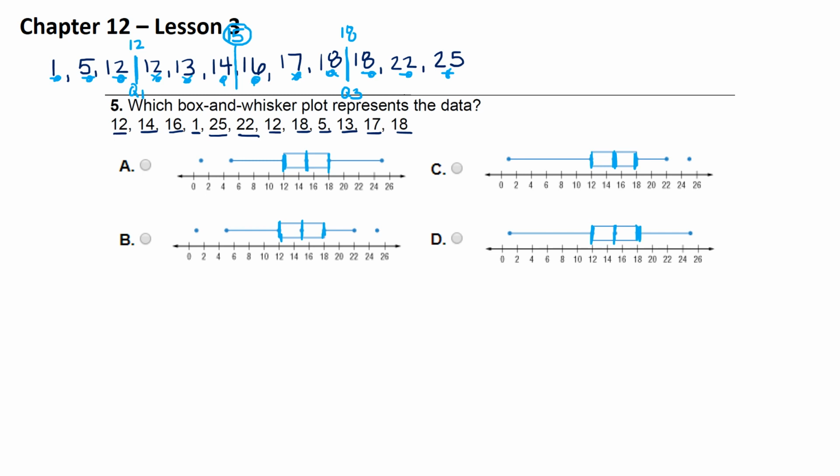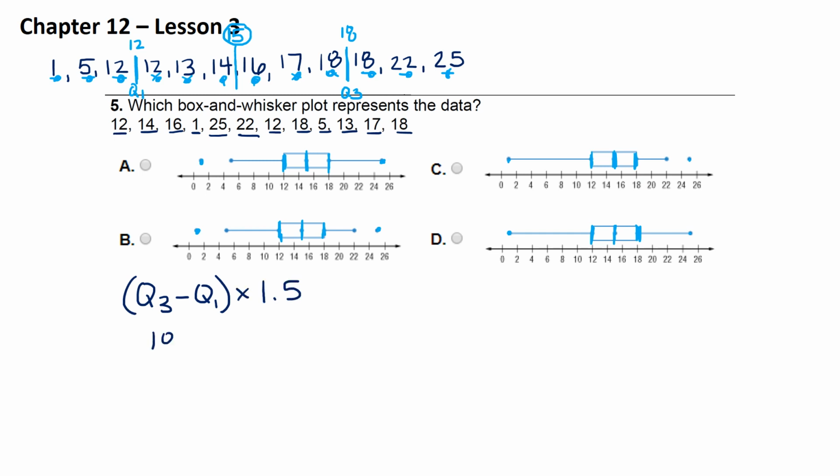Okay. Now, if we look at the graphs, the minimum for A is 1, and B is 1, and C is 1, and D is 1. And the maximum, 25, 25, 25, and 25. So we're going to need to find out if there is an outlier. To do this, we have to do quartile 3, take away quartile 1, times 1.5.